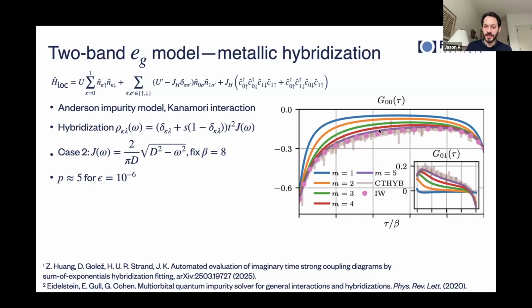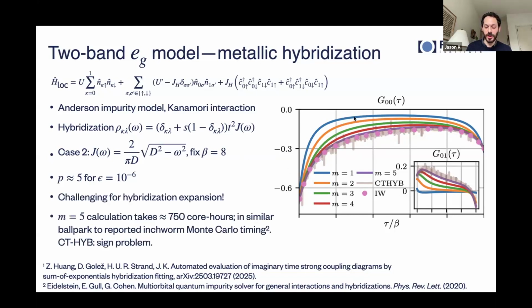I'm showing a CT-Hyb calculation, which was run for quite a while. We have a sign problem and lots of stochastic noise in this calculation. I'm also comparing to an inchworm calculation from this 2020 paper. We're quite close at a 5th order expansion, I would say, to the inchworm result, but with no stochastic noise.